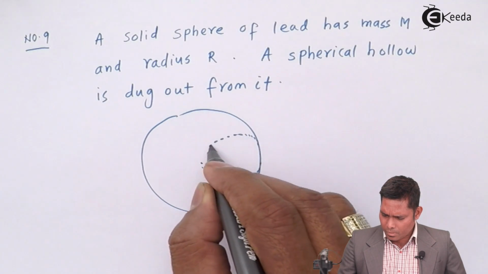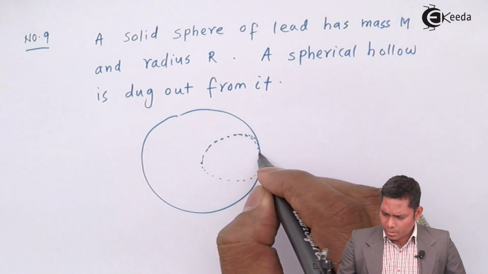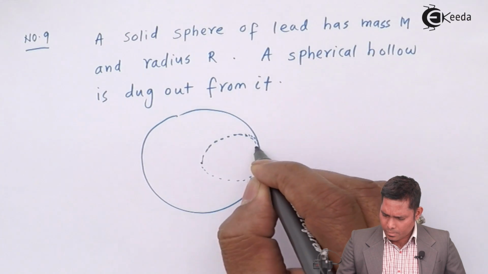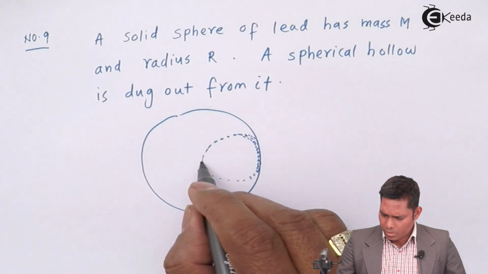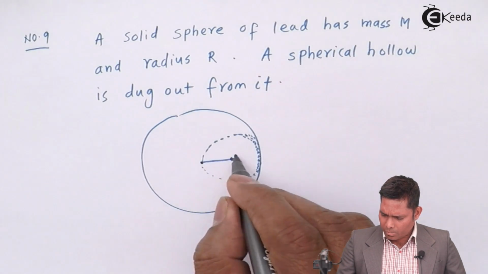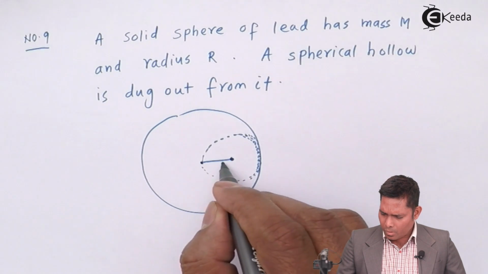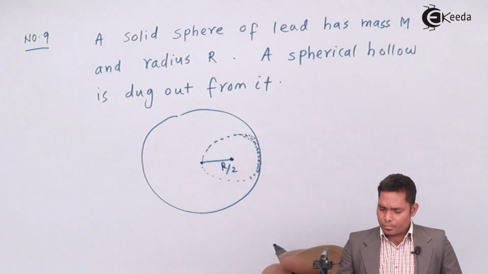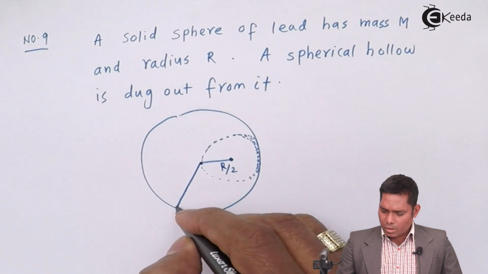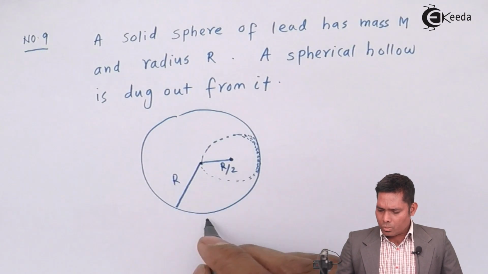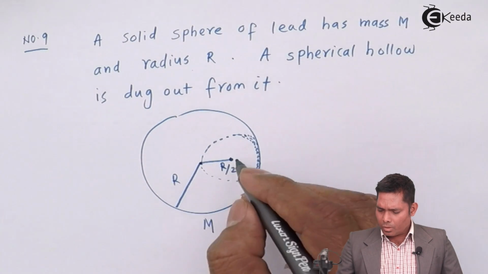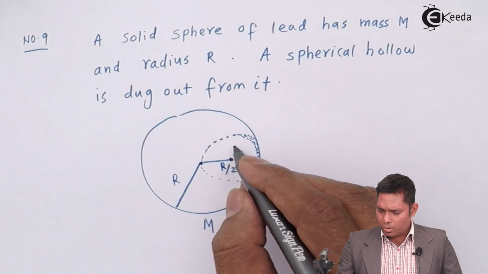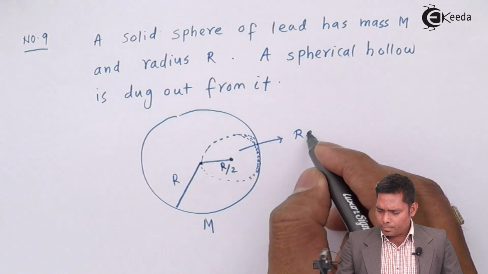The center of this sphere is r by 2 from here. The radius is r by 2. This radius is r. This total mass is M. This much portion is the removed part.